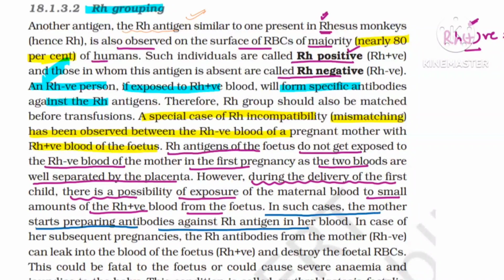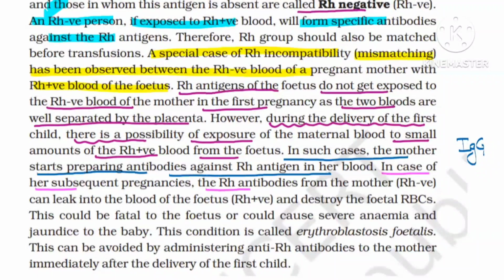These antibodies are of IgG type, and they are able to cross the placenta. In her next pregnancy, if she becomes pregnant a second time, then these antibodies will leak into the blood of the fetus. These antibodies will cross the placenta and go and destroy the fetal RBC.